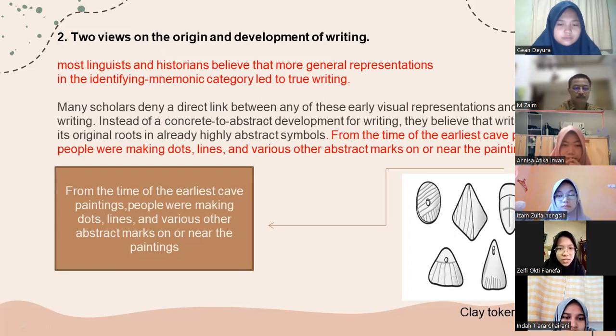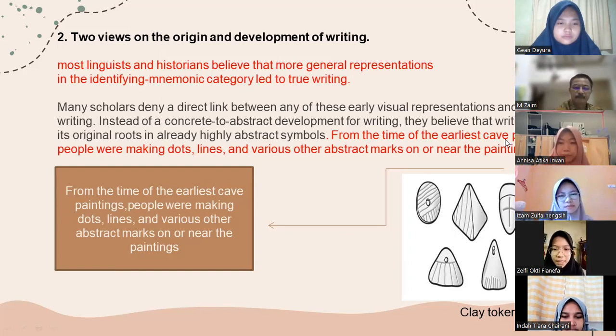Instead of a concrete to abstract development, they believe that writing had its original roots in already highly abstract symbols. From the time of the earliest cave paintings, people were making dots, lines, and various other abstract marks on or near the painting.